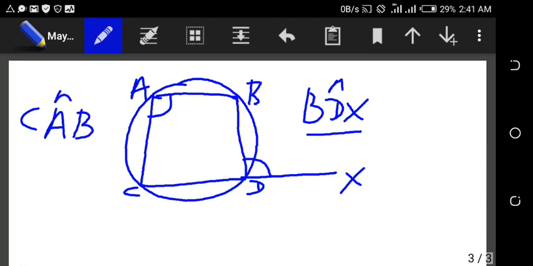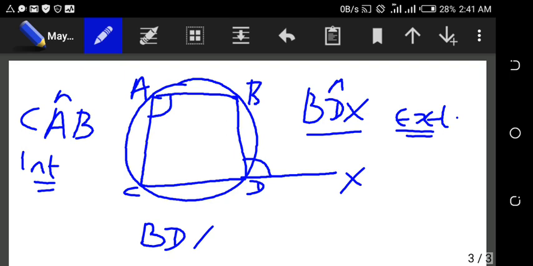In other words, this is interior, I'll use int, while this is exterior, I'll use X to denote that. So the theorem states that the exterior angle of a cyclic quadrilateral, in this case BDX, is equal to the interior opposite angle.